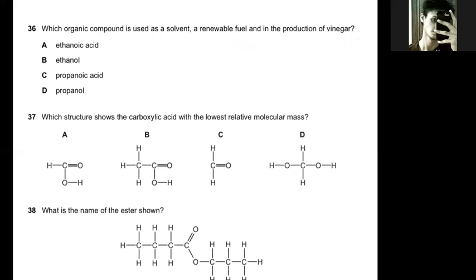Which structure shows the carboxylic acid with the lowest relative molecular mass? So we'll have to find the masses of all of these compounds. For A, the mass is 12 plus 32 plus 2, 46.